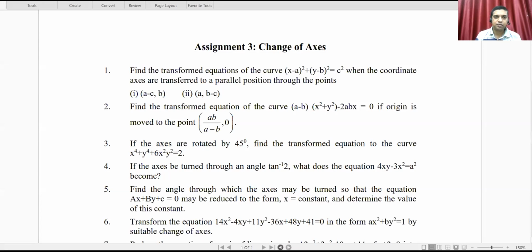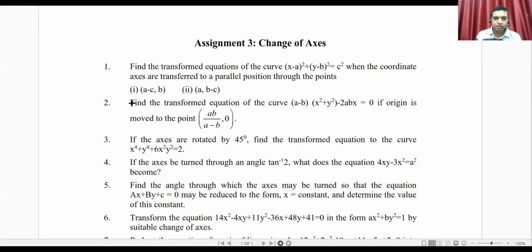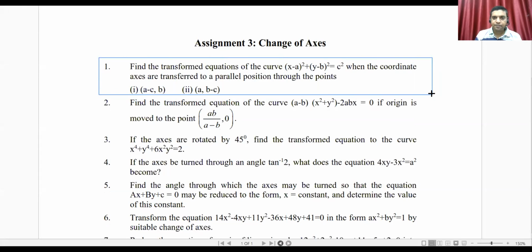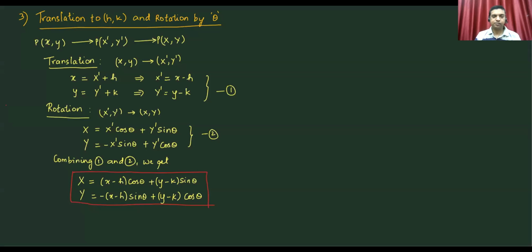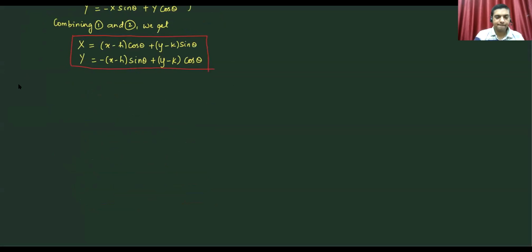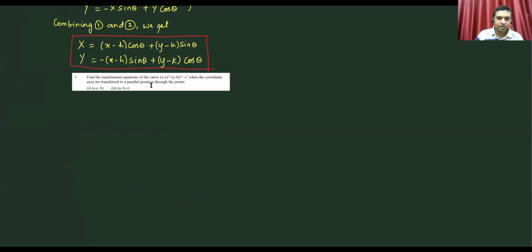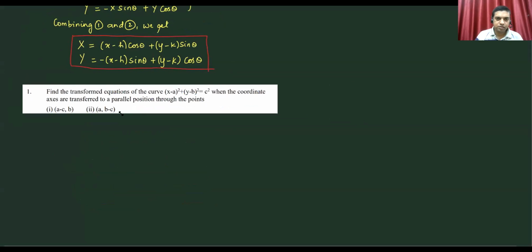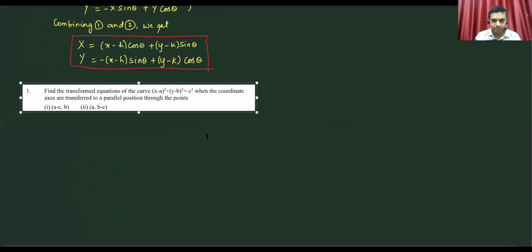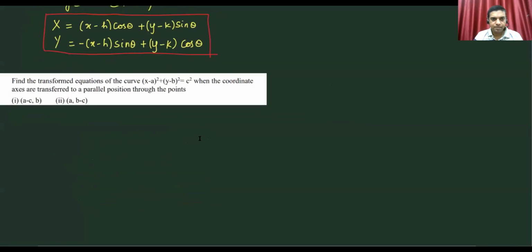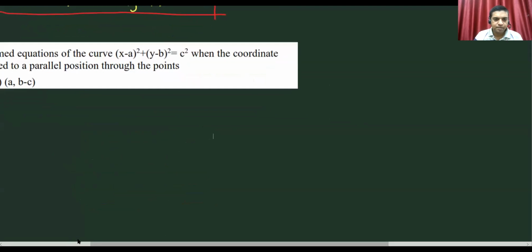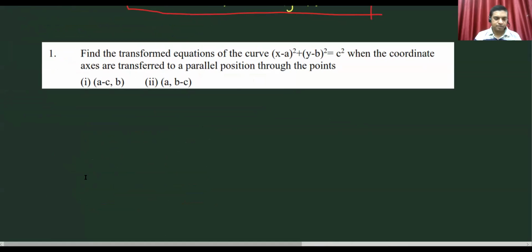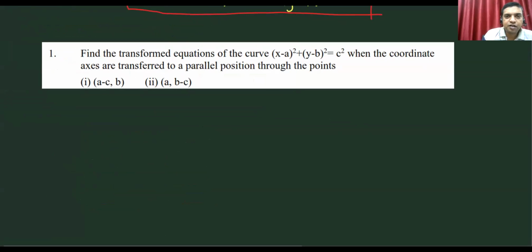Let's do the first one. So these are the problems that we'll solve now.